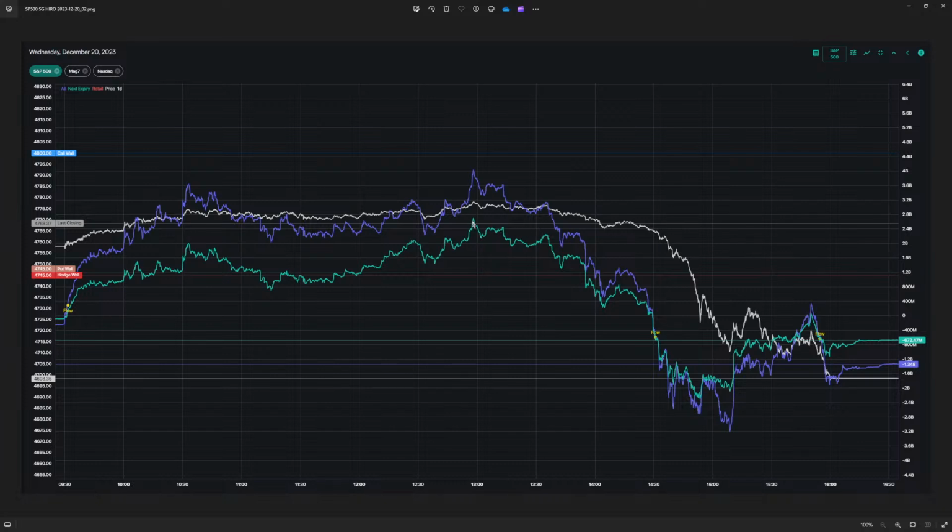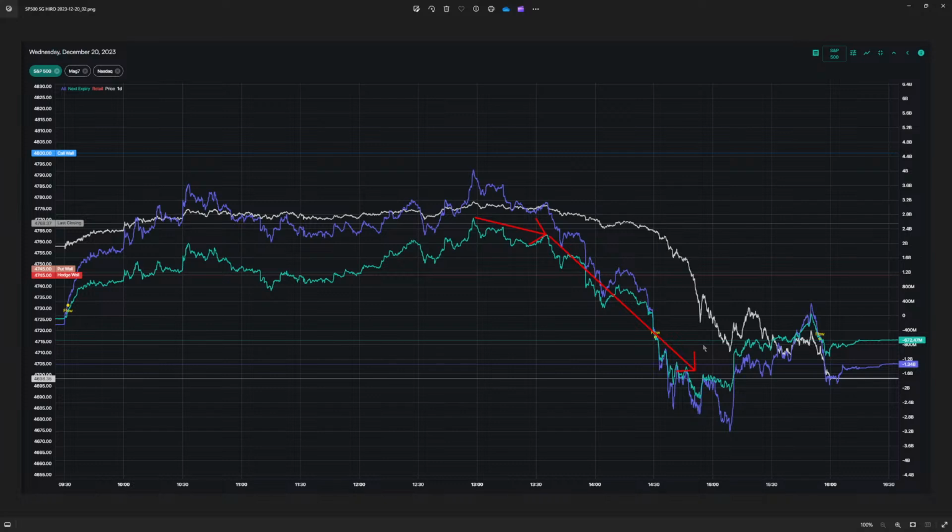So focusing on the 0 DTE trades now, hero signal makes a peak just right around 1 o'clock, starts moving lower, and then right around 1:30, 1:35 starts moving sharply lower. So when traders take negative delta positions, buying puts and or selling calls, market makers take the opposite side of those trades, and they have to sell futures to hedge their delta exposure.